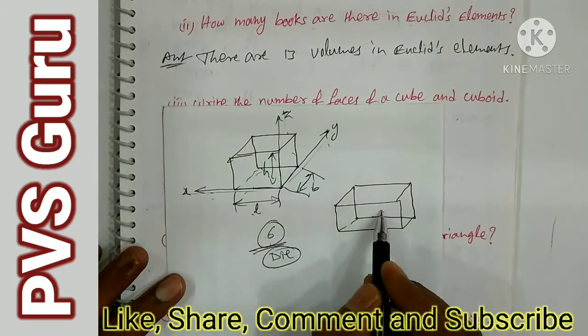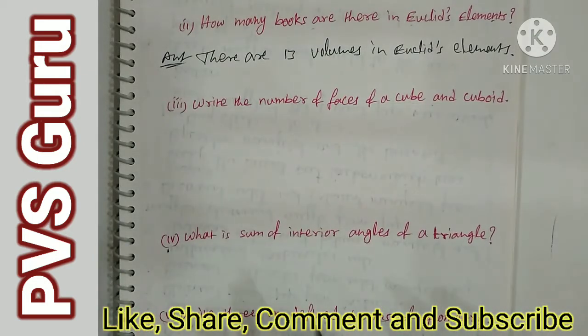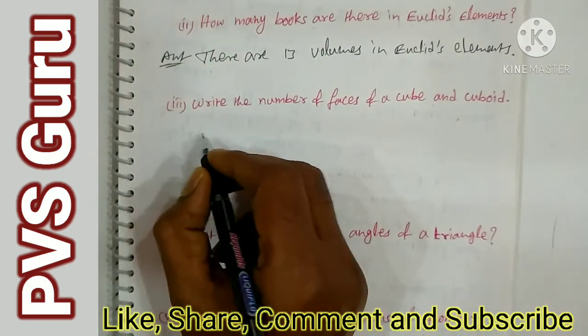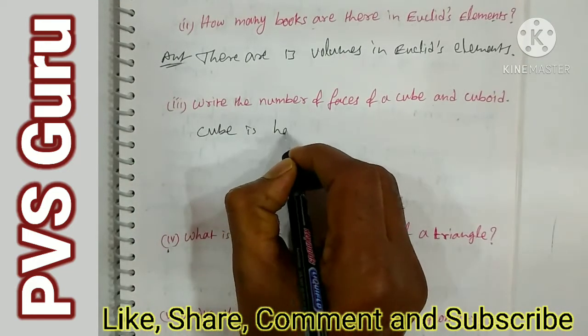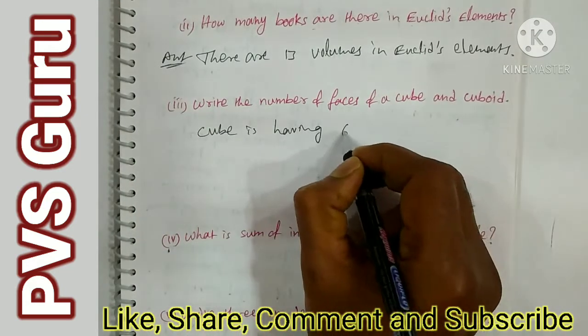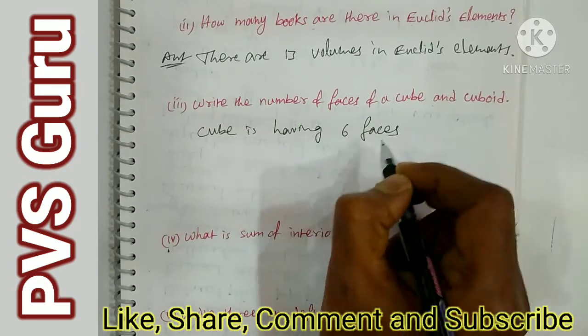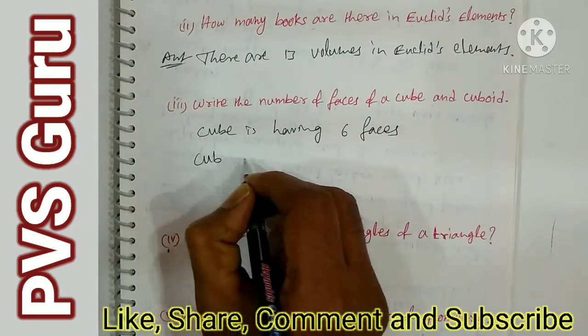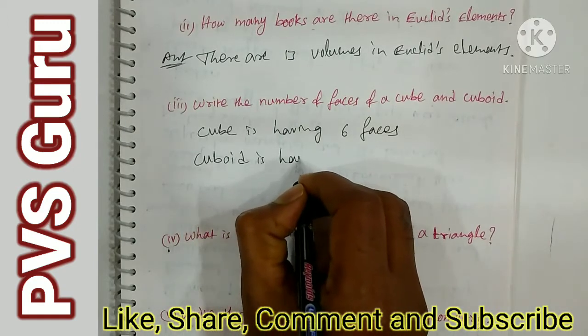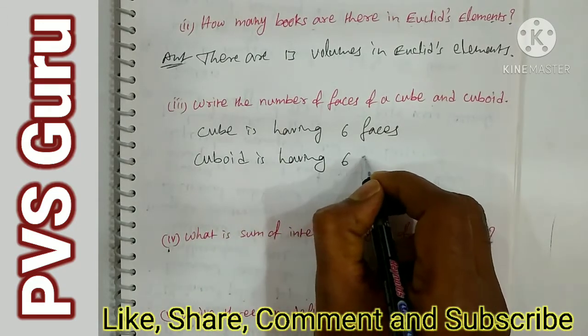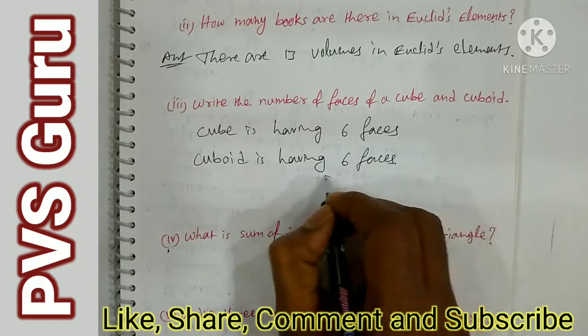This also has 6 faces. So here you write down, a cube has 6 faces, and a cuboid also has 6 faces.